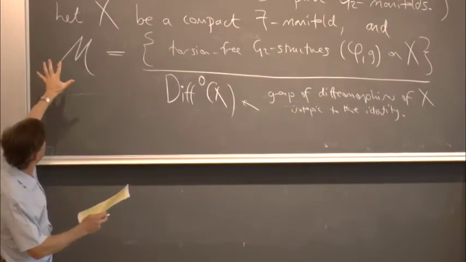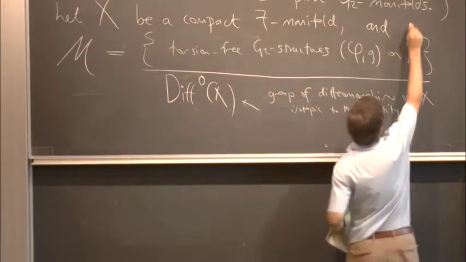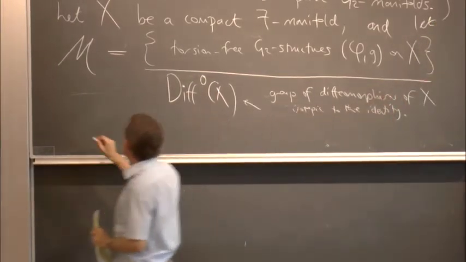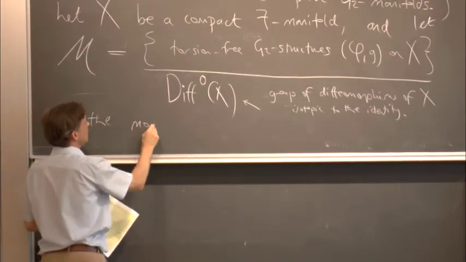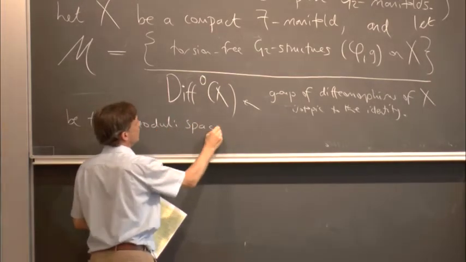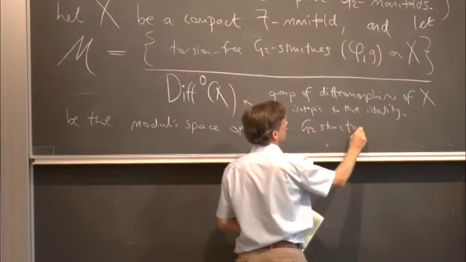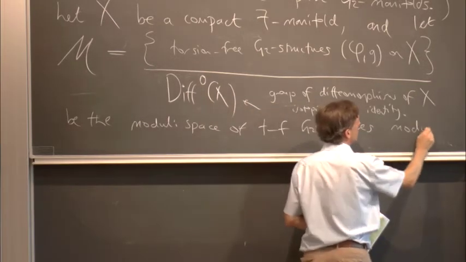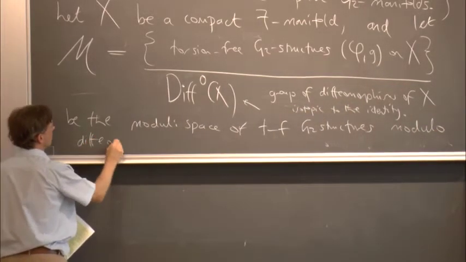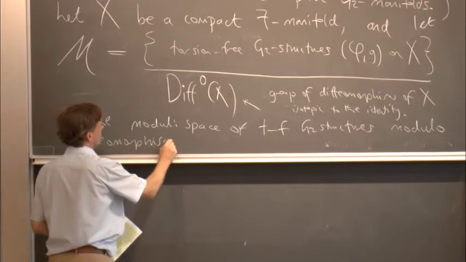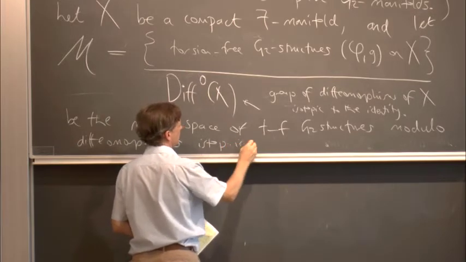Okay, so let's write this. Let this M be the moduli space of torsion-free G2 structures modulo diffeomorphisms isotopic to the identity.